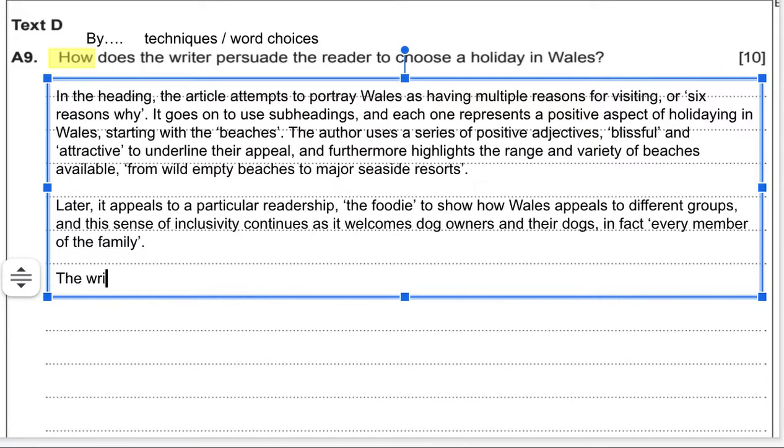The writer. So we've used appeals, we've used underlines. So I need a different verb. The writer cites the lack of hassle and stress of holidaying in Wales.